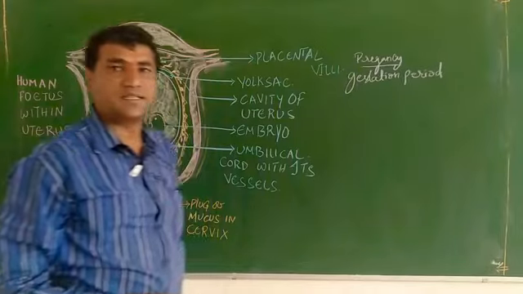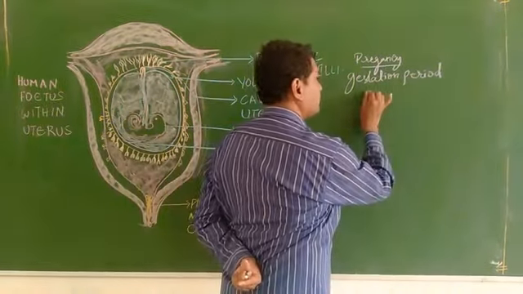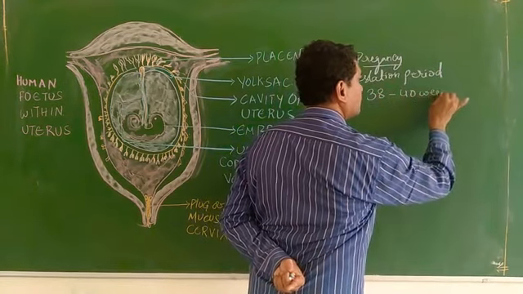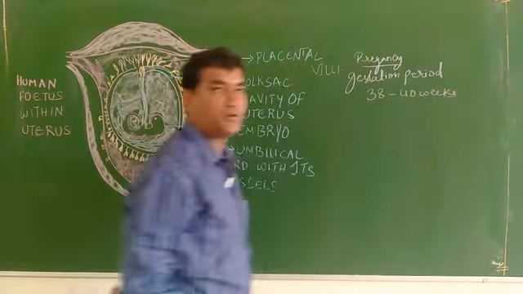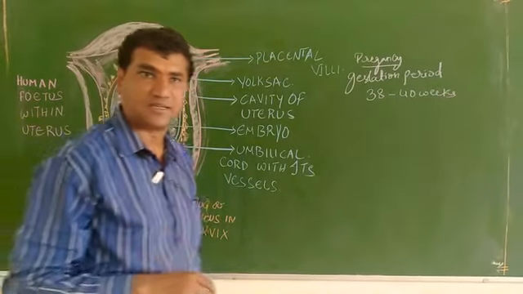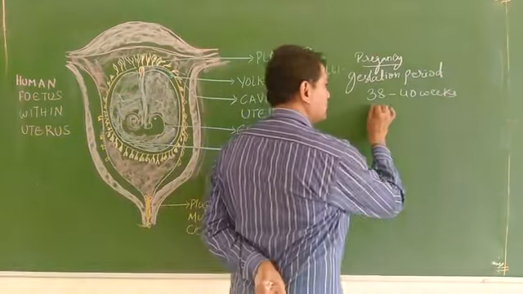In humans, the gestation period is approximately 38 to 40 weeks. Two weeks after ovulation plus 38 weeks is called the gestation period in the doctor's terminology.